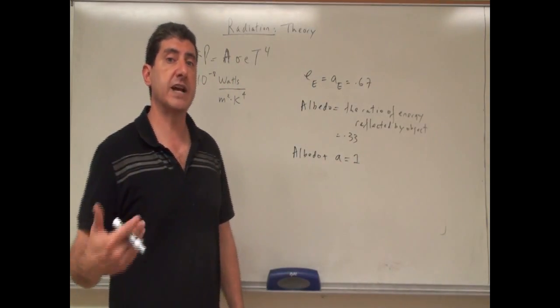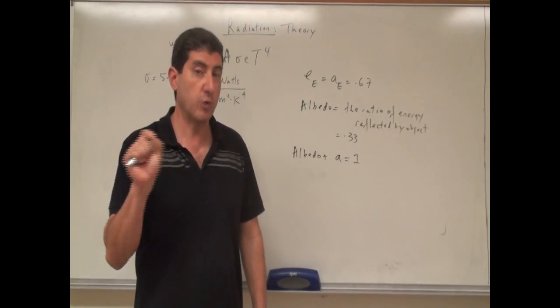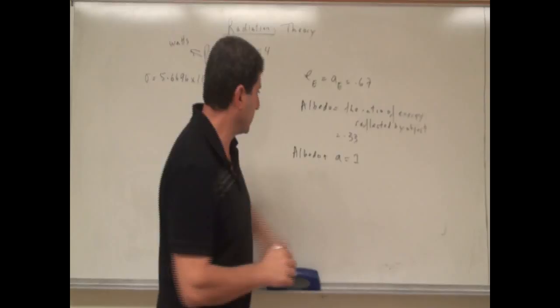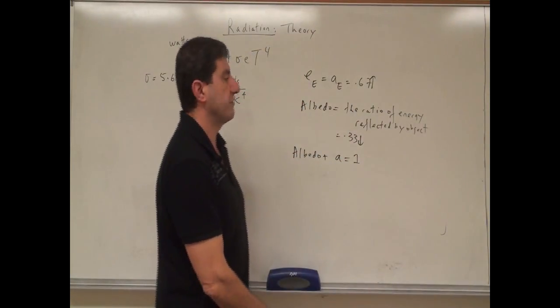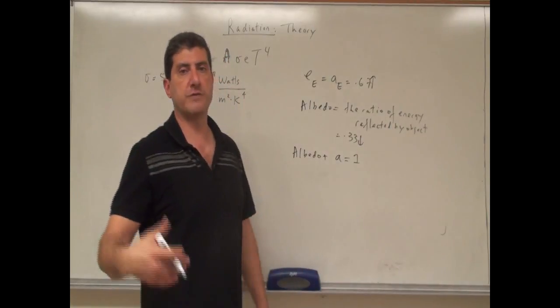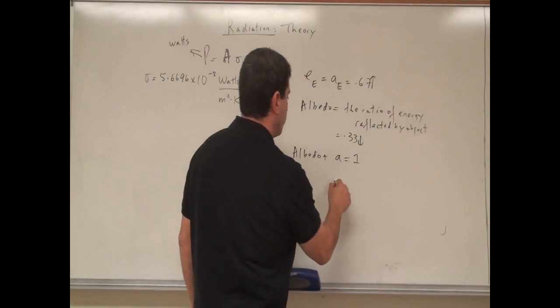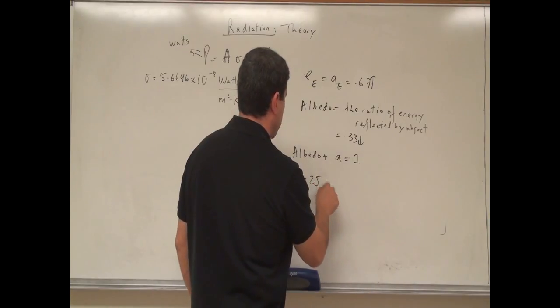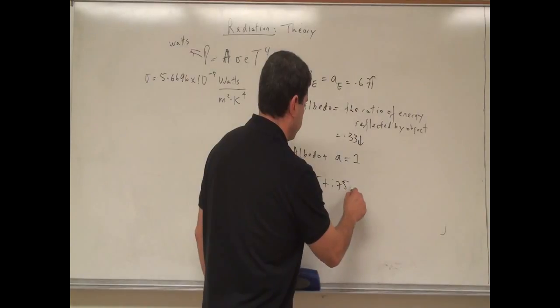So over the course of the last few years, the albedo of the Earth has been decreasing by about 1% per year. If this number decreases, that means this number increases. So eventually, let's say over thousands of years, the albedo of the Earth were to drop to 0.25, and let's say the absorptivity increases to 0.75.